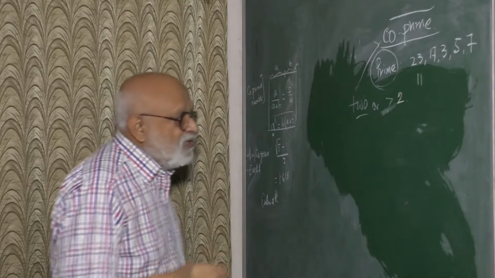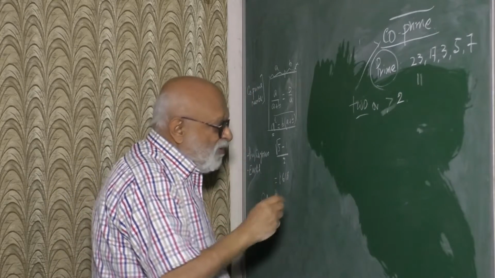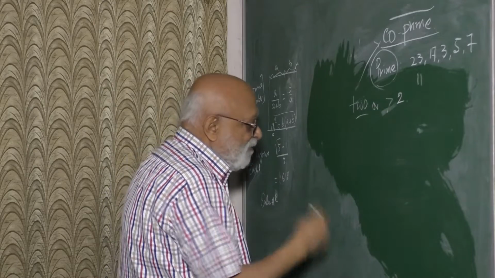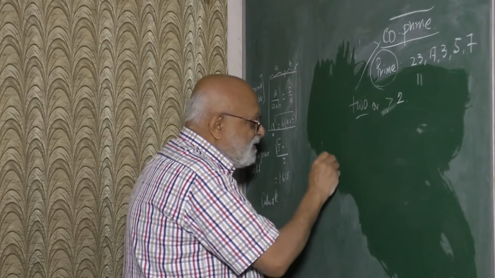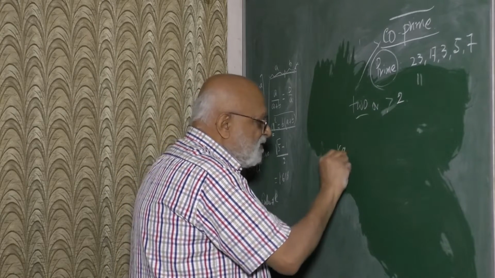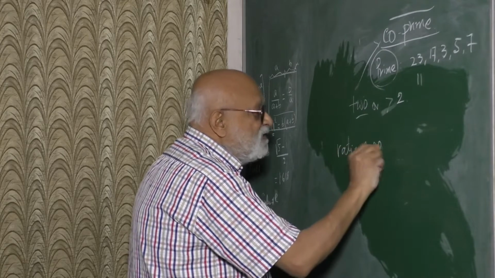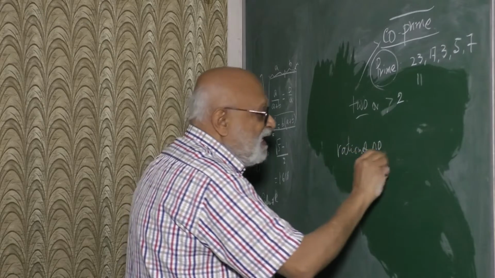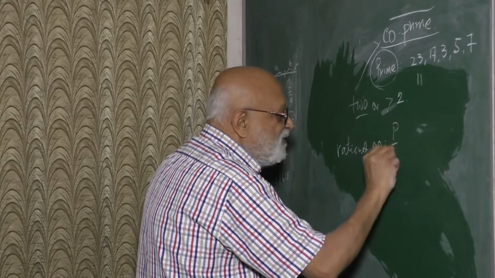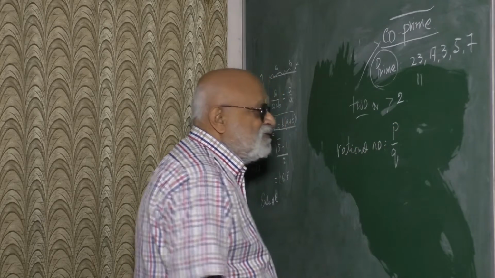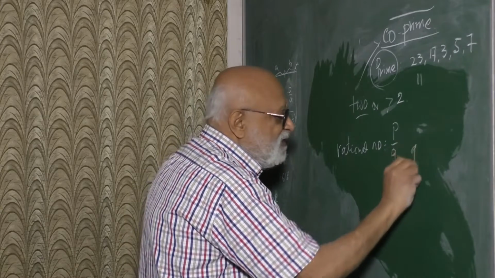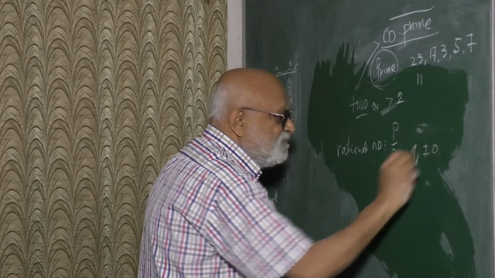Okay, so let us take our first definition about rational numbers. What do we say? First of all, we said that it should be in the form p by q, and we say that q is not equal to 0.